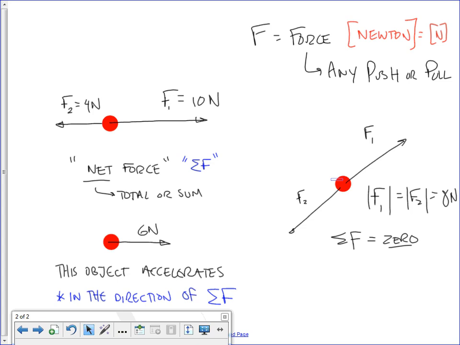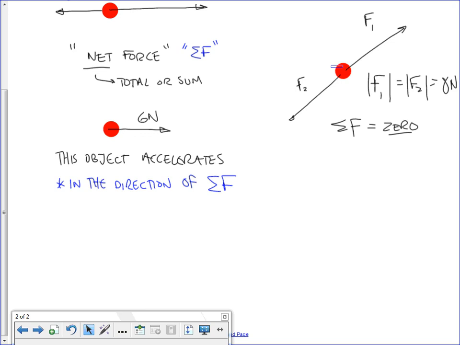In this case, the net force is 0. Now, the only thing that we can say just on the case of forces alone is that this object does not accelerate. Now, what can that mean? We've got to think about what it means to accelerate or not accelerate.